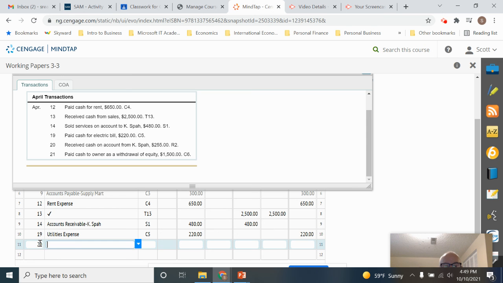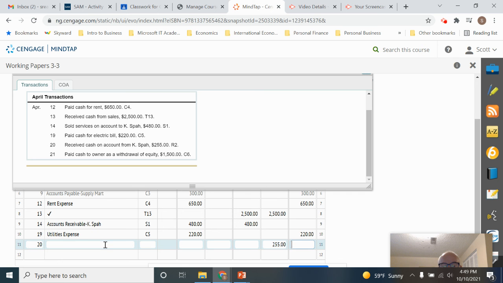20th, received cash on account from K-Spa. All right. Did we sell anything? Well, a while ago we did, but not here. Did we buy anything? No. Somebody just walked in and paid us money. Can I copy and paste this? No, I can't. So my debit is going to be cash, following our routine here, $255.